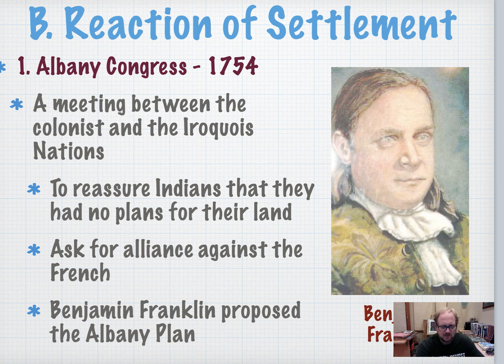They were just wanting some little areas to expand in. So Franklin called for a plan to organize the American colonies together and to call for an alliance with the natives, this Iroquois nation, that they needed to have alliances with to offset the French dominance in this area.